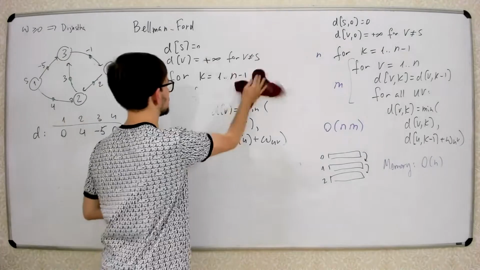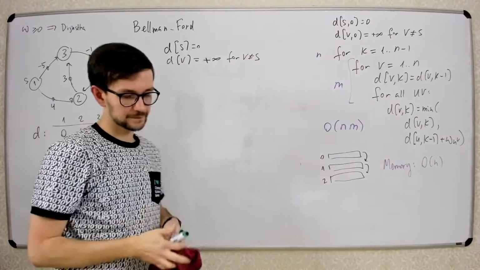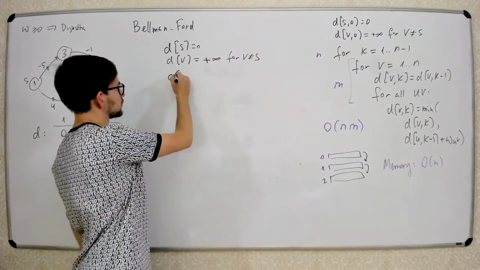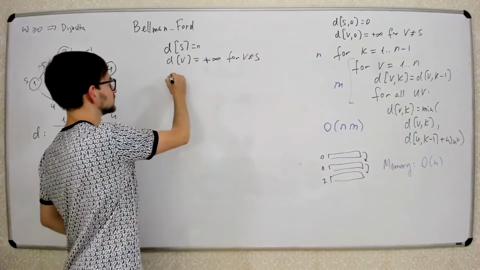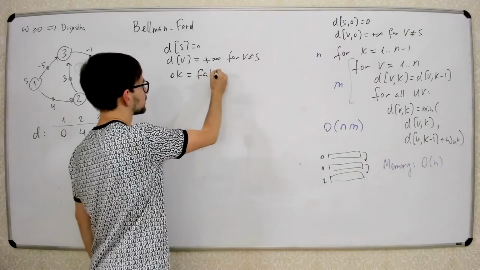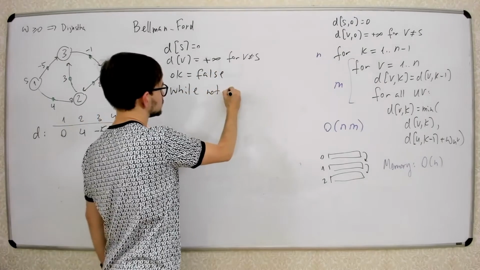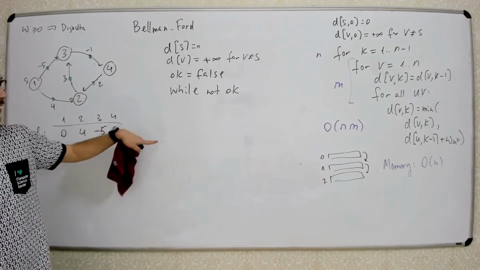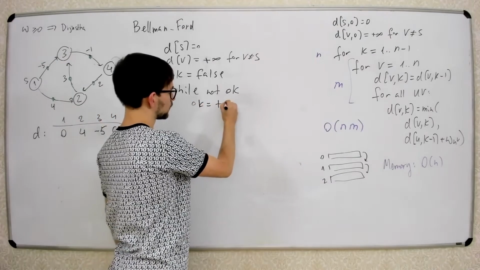Now, let's update it. Let's say, for example, let's make a Boolean value, ok. And then while not ok, we will make this loop again. So we'll say ok equal to true.